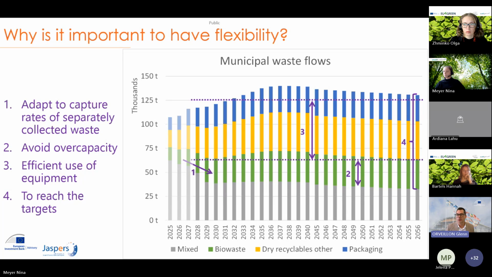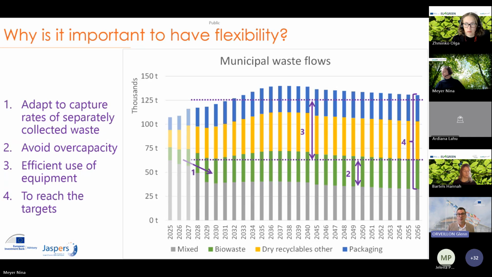That's the first thing you will do. You will do, in that facility, two lines: one for treating the biodegradable residues of mixed waste, and a separate line, because that's EU legislation, to treat separately collected bio-waste. And if you have a sorting line, you will try to make it flexible enough to treat mixed waste in one shift and dry recyclables in another shift.